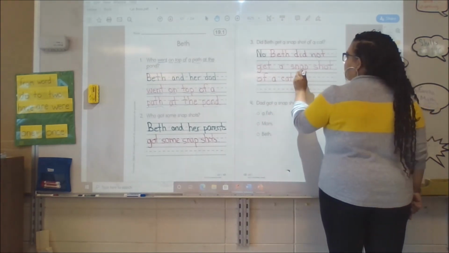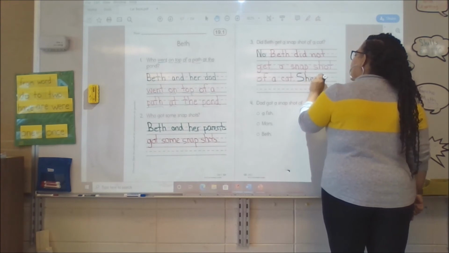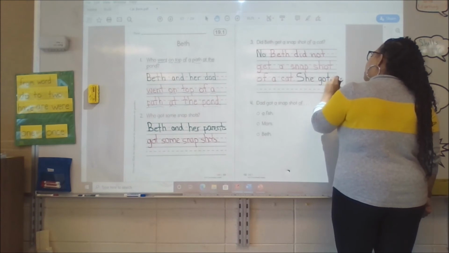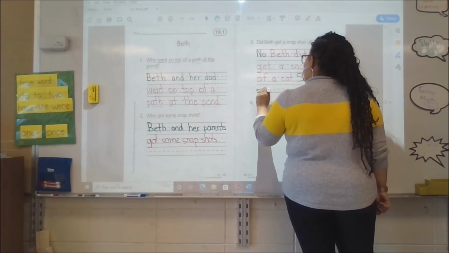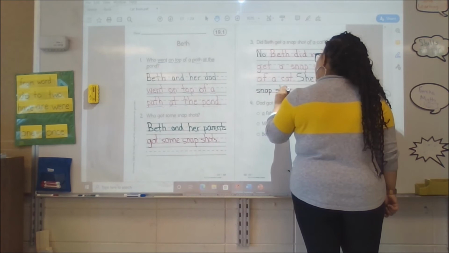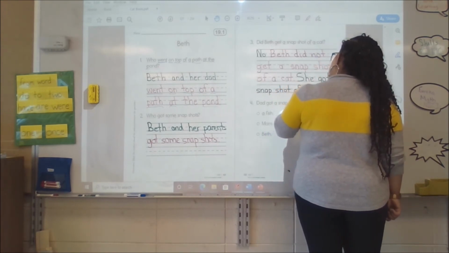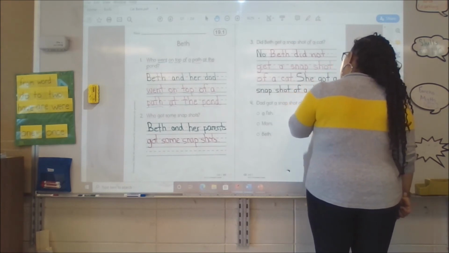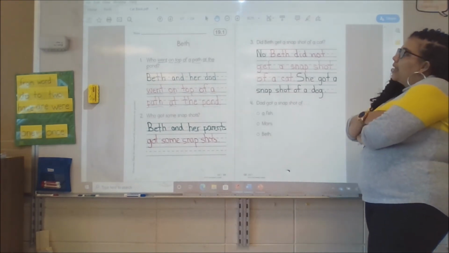My next sentence. She got a snapshot of a dog.